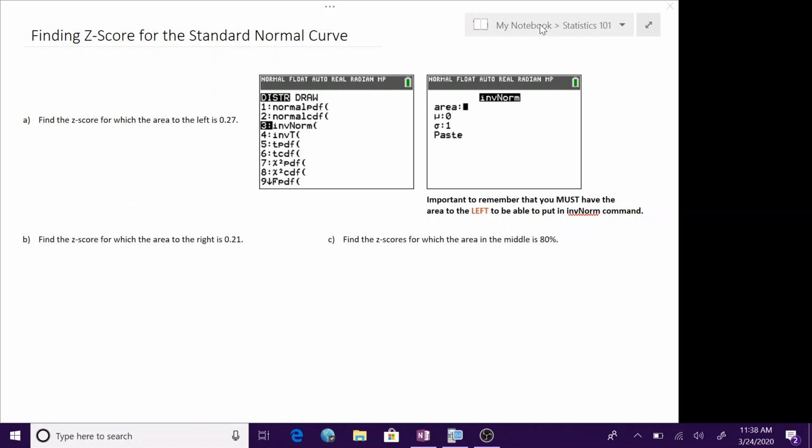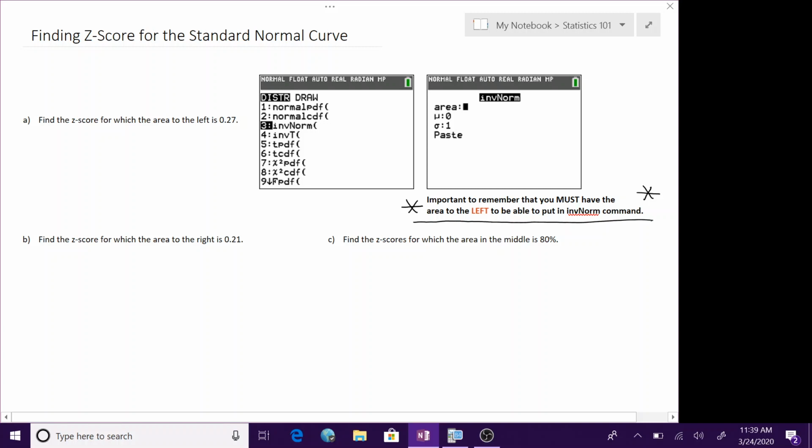In this video, we're going to be focusing on finding our z-score for our standard normal curve. Now, I have a note here I want to point out to start with. It is very important to remember that when we're using this specific command in our calculator, we must have the area to the left.